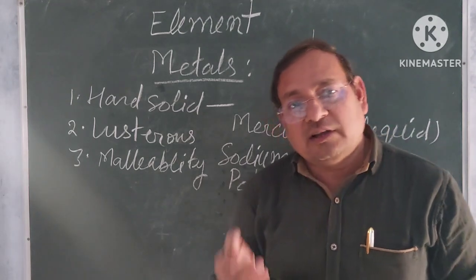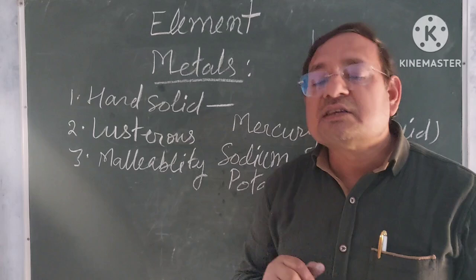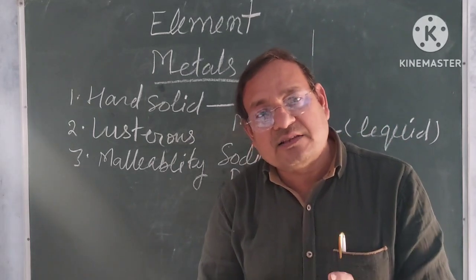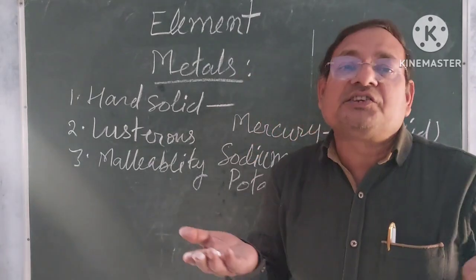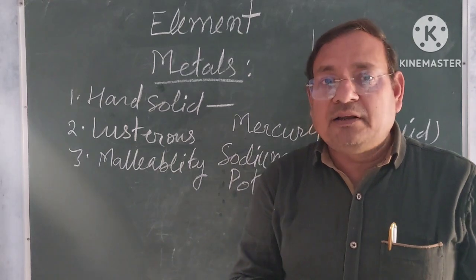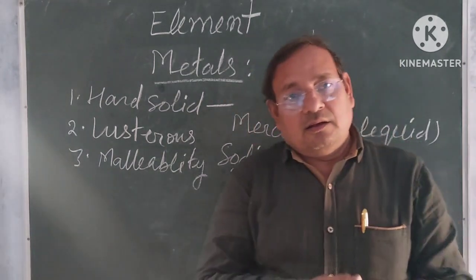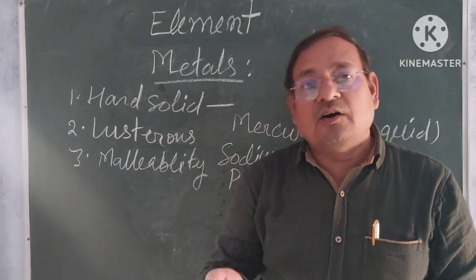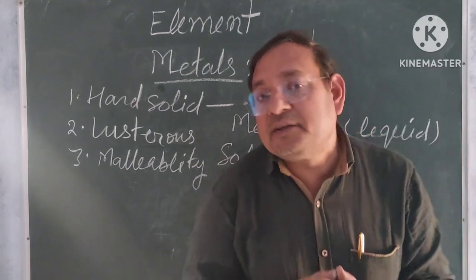Gold also on hammering spreads into a very thin sheet. It means any substance which can be spread as a very thin sheet is known as malleable, and the property of this substance changing into a very thin sheet on hammering again and again is known as malleability.